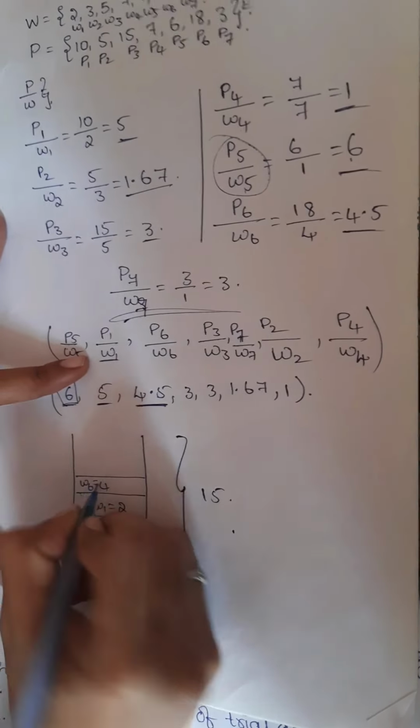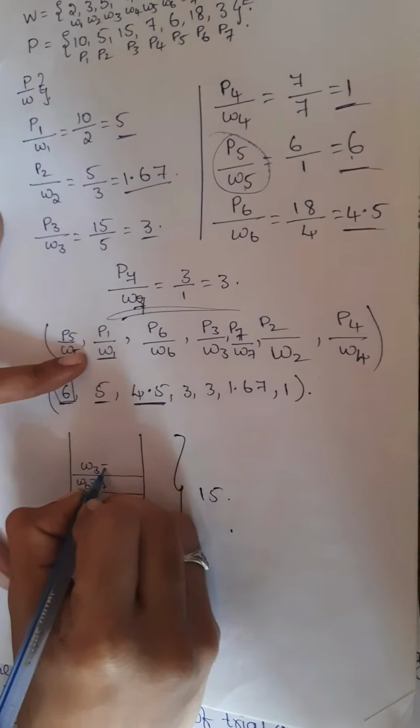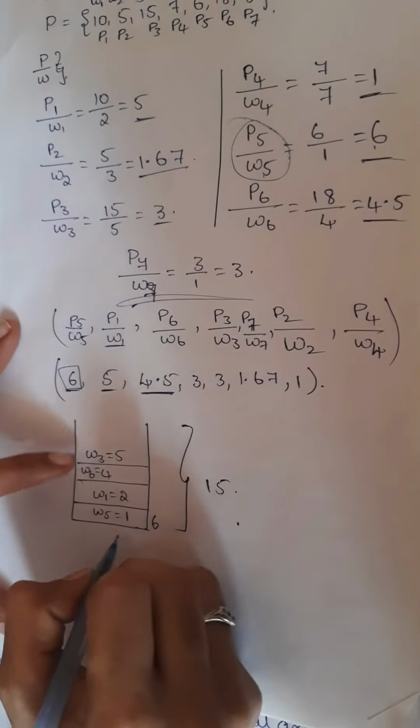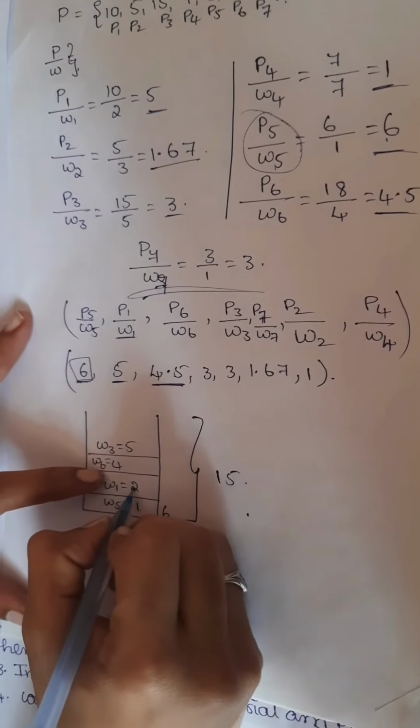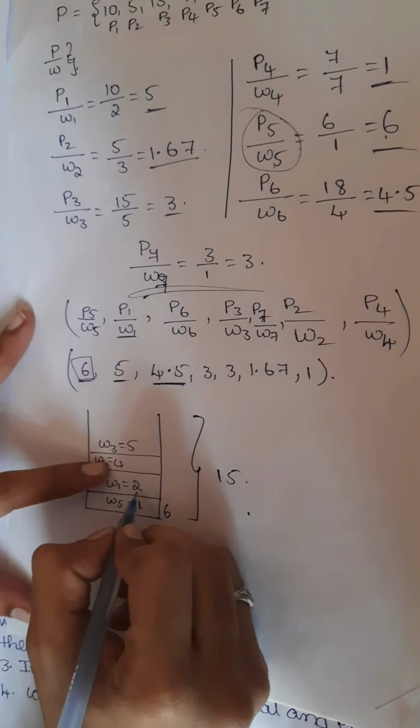Next is W3, whose weight is 5. Now let us calculate what is the total amount. 1 plus 2 is 3, 3 plus 4 is 7, 7 plus 5 is 12. So another 3 places are left for 15.